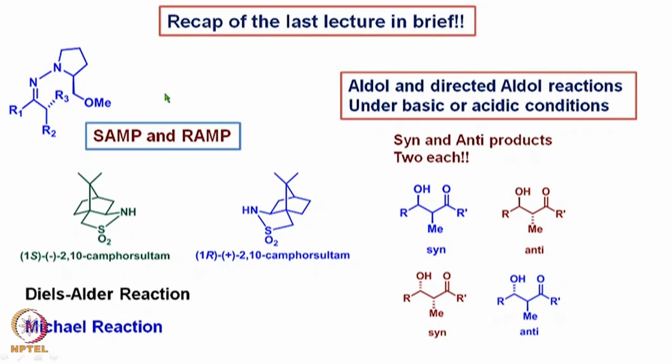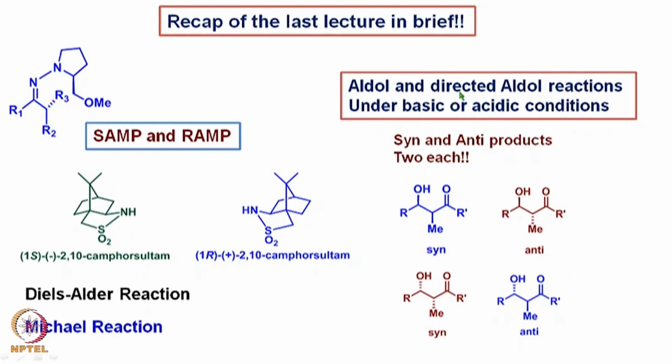In all these cases we had this carbon bond formed in an asymmetric fashion, which gave highly enantioselective products. Now we also looked at the camphor sultam based auxiliary as introduced by Oppolzer and saw the Diels-Alder reactions and Michael reactions in highly enantioselective fashions. Towards the end we looked at the Aldol reactions and directed Aldol reactions under basic or acidic conditions. If the Aldol reactions are not directed, we keep getting different mixtures of the products.